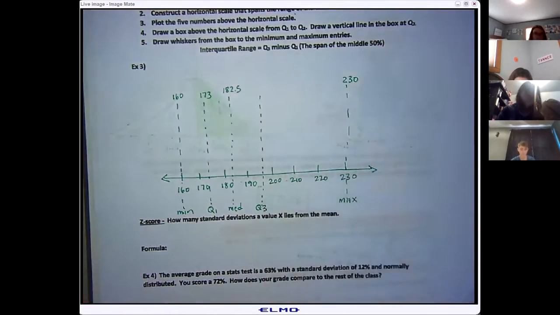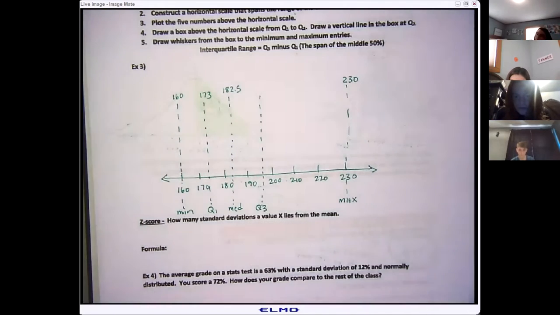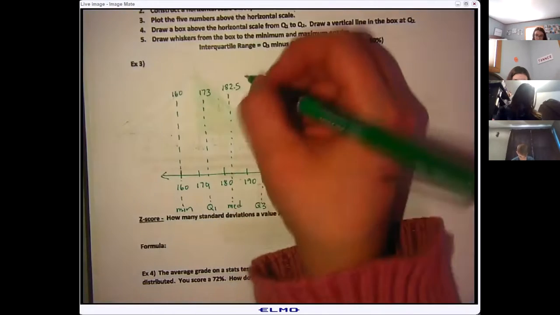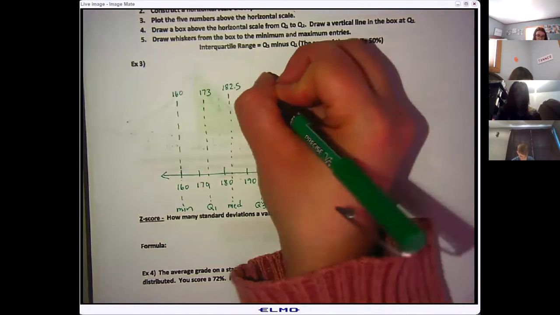And to do this, by the way, what you would actually do if you were doing this by hand is you would write them all out in front of you, split it in half, and there would be your median. And then you split the bottom half in half. And the median of the bottom half is Q1. The median of the top half is Q3. This was what, 195?